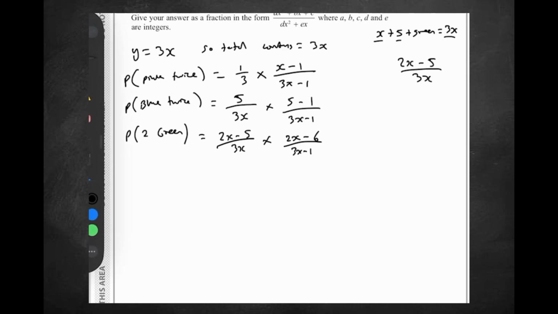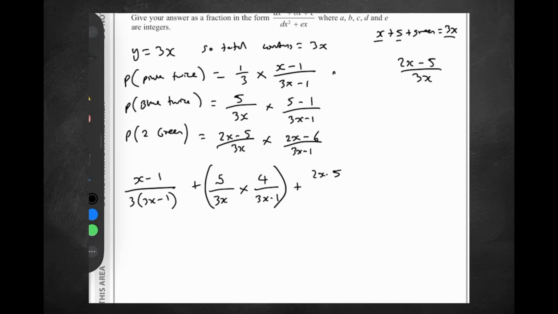x over 3 times x minus 1 over 3x minus 1. In fact, I'm just going to write the whole lot out as best I can here. So x minus 1 over 3 lots of 3x minus 1 is the top one. Then the second one, we're going to say plus 5 lots of, that's 5 minus 1 would be 4. So, which in fact, we'll leave it as two separate ones for now. 5 times 4 over 3x minus 1 plus 2x minus 5. I don't think I can simplify this one down.